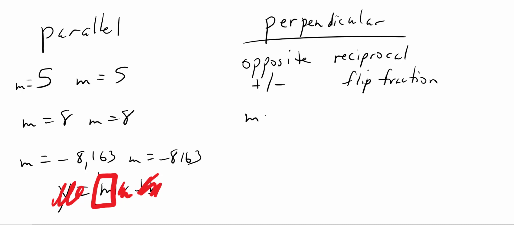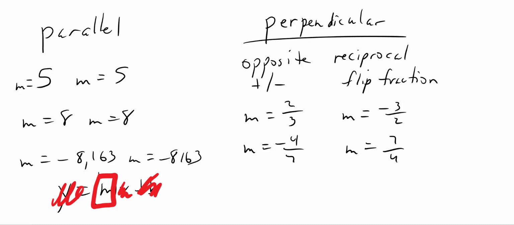If the slope is 2/3, a perpendicular line's slope would be opposite, so negative, and then the reciprocal, so negative 3/2. It's very simple. Let's do a couple more. If the slope is negative 4/7, the opposite reciprocal becomes positive 7/4.